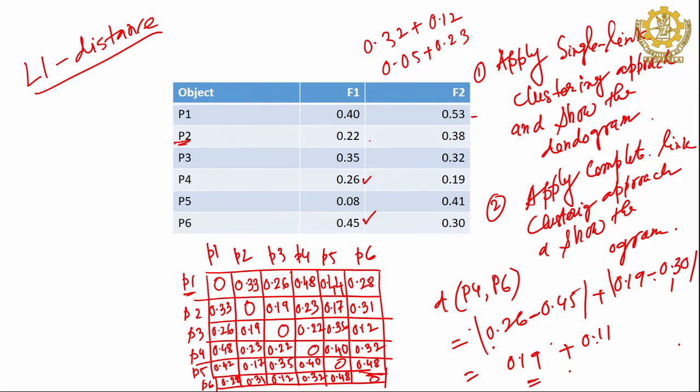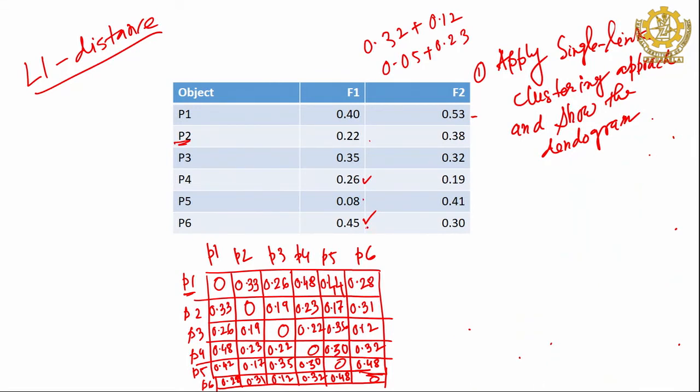So this will be 0.3. How much? 0.3. Okay. 5.6 is how much? So this is 0.37, right, and this is 9. So this is 11. So 0.48 is right now. So this is the distance matrix.